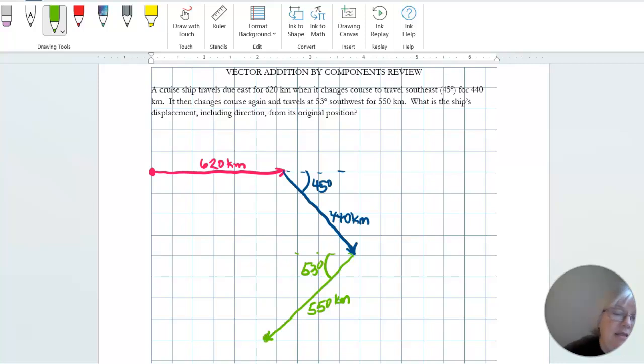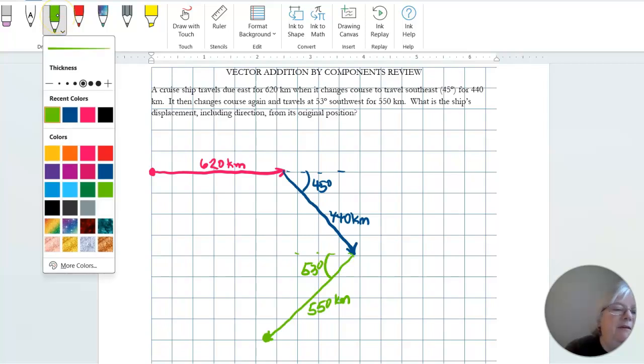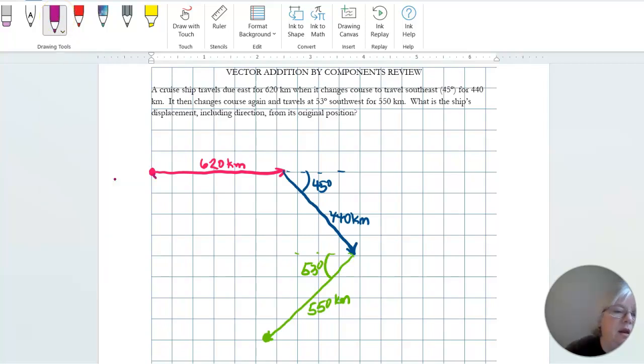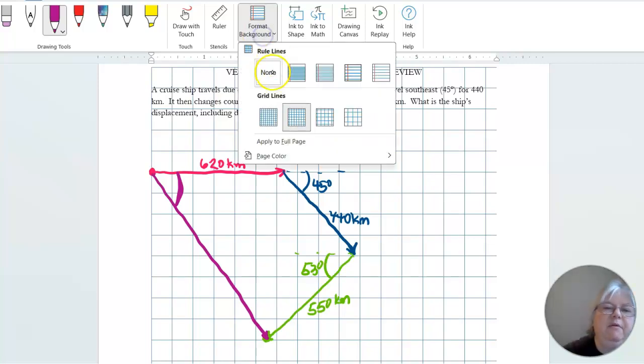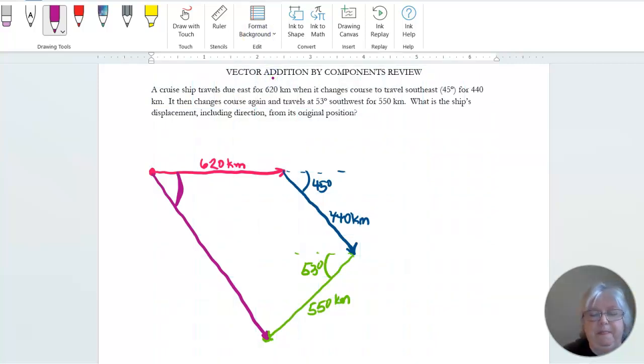So I'm going to end up right about there. And if I were to want to go back home, that's the line that I would follow. And I can mark what that major angle would be. Now that we've done that, I don't need my grid anymore, so I'm going to turn it off.